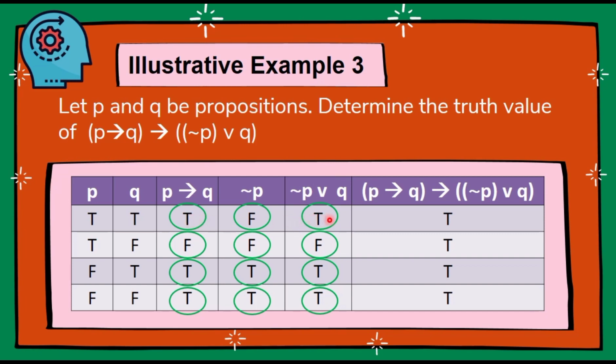Both true, so it is true. False, false. It's true. True, true. It's true. And true, true. It's true. So the proposition is a tautology because our truth value is true, true, true, true.